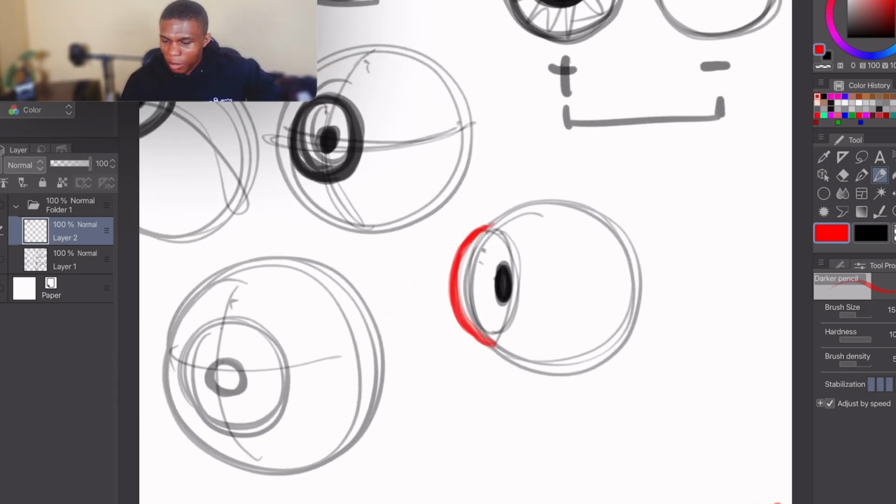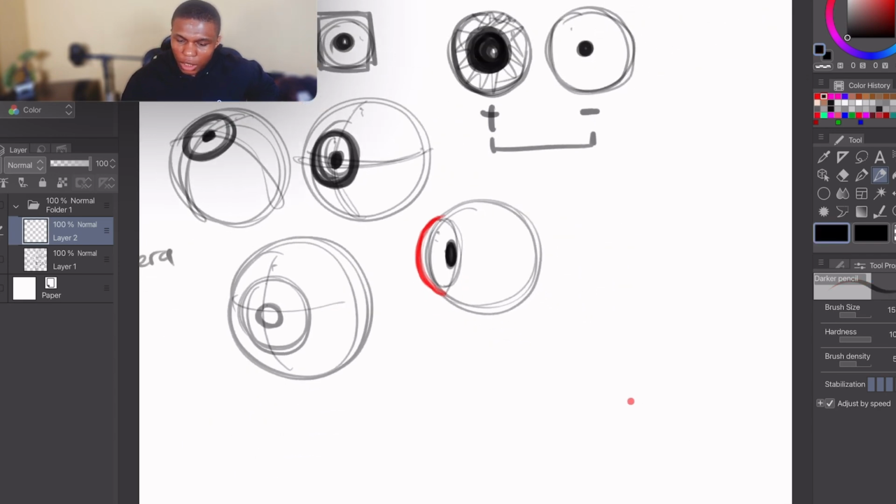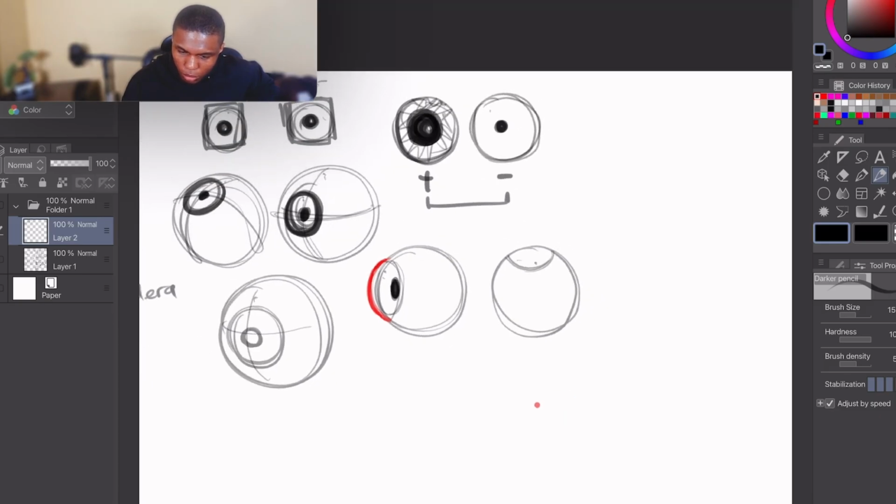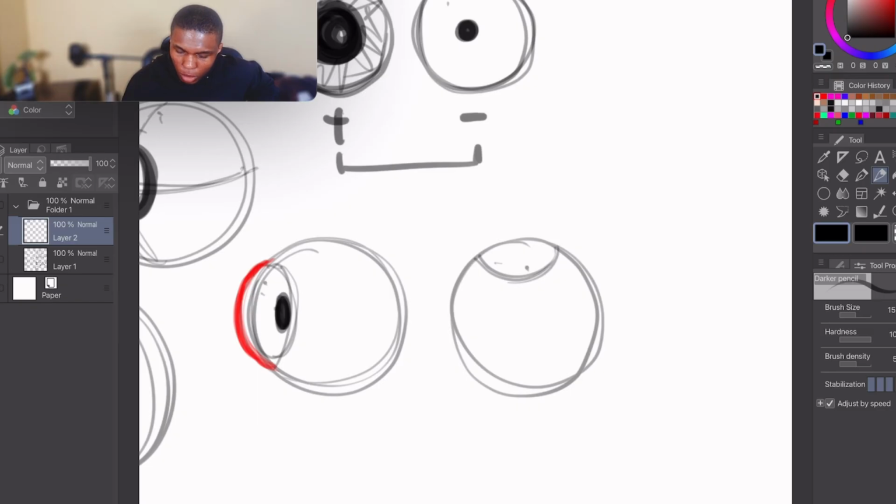And the thing about the cornea and iris is that, let's say this is our eye, and this is our iris. The pupil is like this. The iris is curved like this, right?